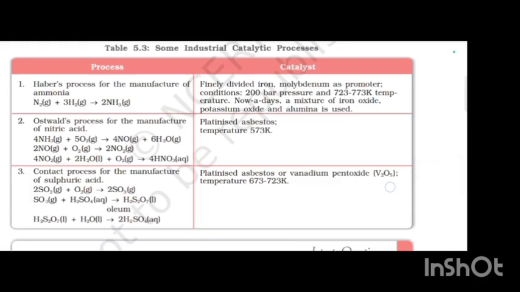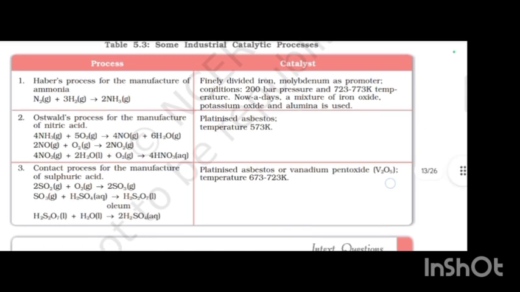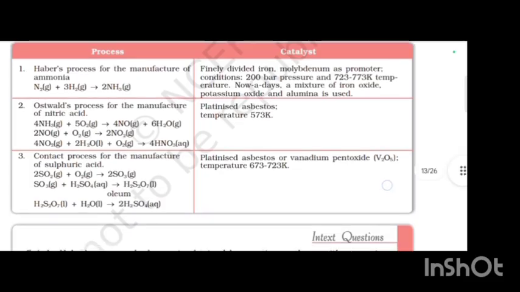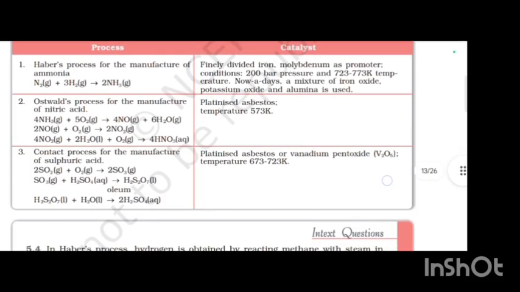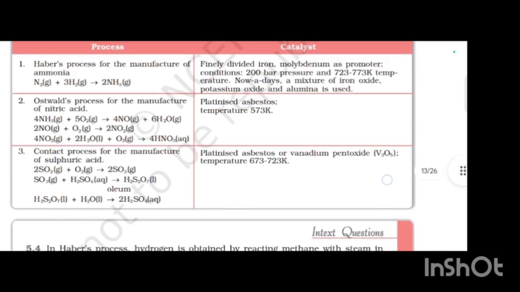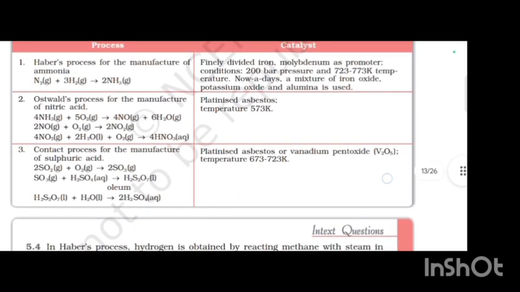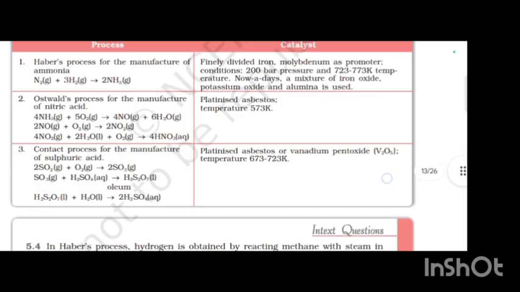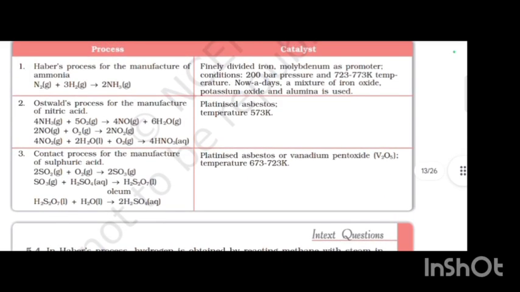First, Haber's process for the manufacture of ammonia: N2 gas plus 3H2 gas gives 2NH3 gas. Catalyst: finely divided iron, molybdenum as promoter. Conditions: 200 bar pressure and 723 to 773 Kelvin temperature. Nowadays a mixture of iron oxide, potassium oxide and alumina is used.